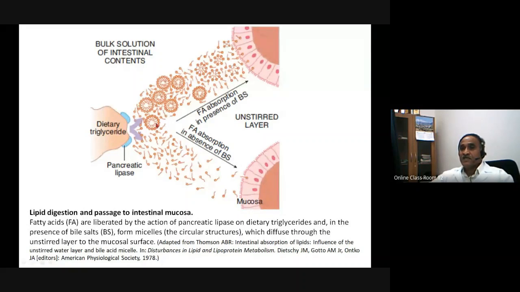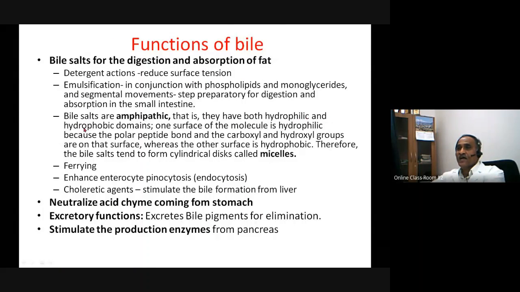So that means the fatty acids are liberated by the action of pancreatic lipase. Okay, and the bile salts make them in the micelle form, these circular structures. The hydrophilic and hydrophobic domains attach the fat molecules.